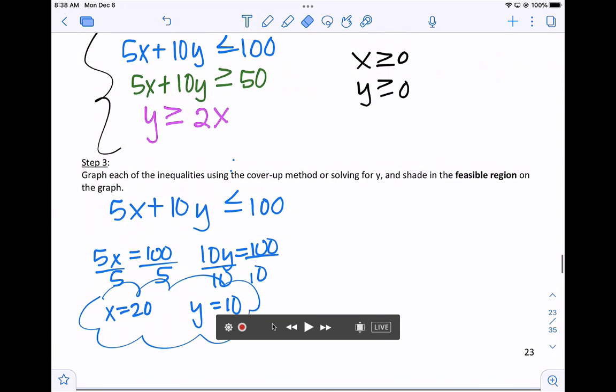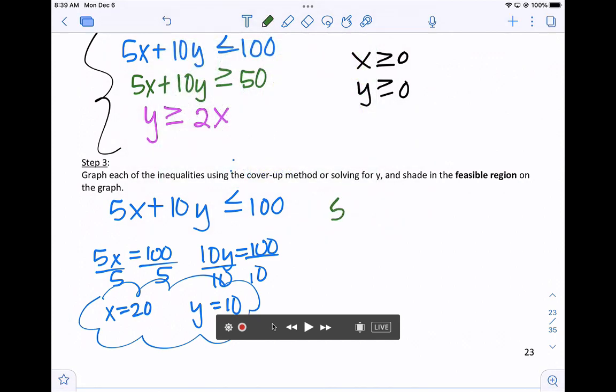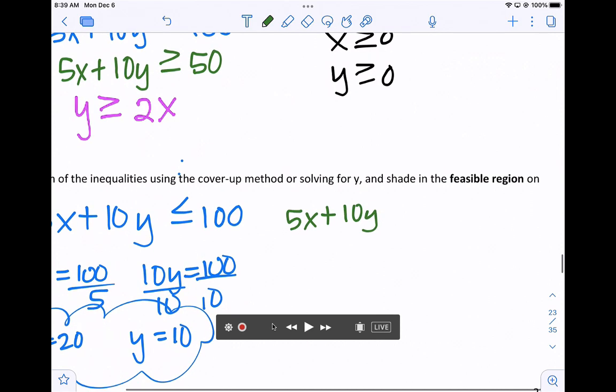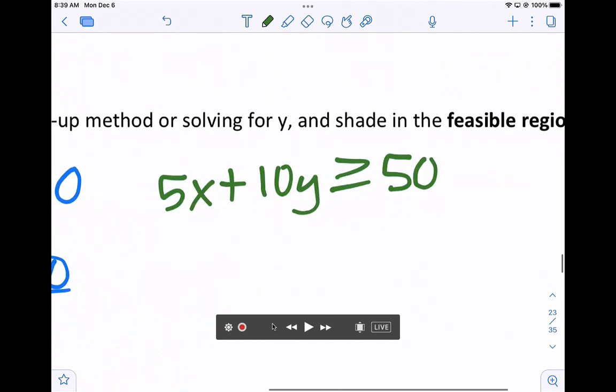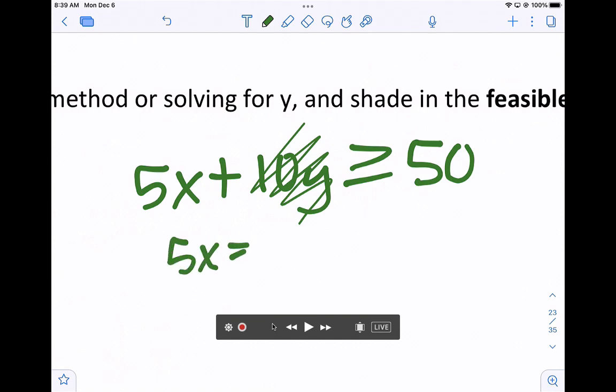All right, let's solve two points to graph our second inequality, which is 5x plus 10y is greater than or equal to 50. Again, using the cover-up method, let's cover up the 10y first. So we have 5x equals 50, divide by 5, x would be 10.